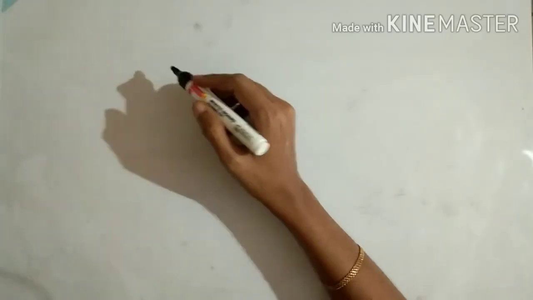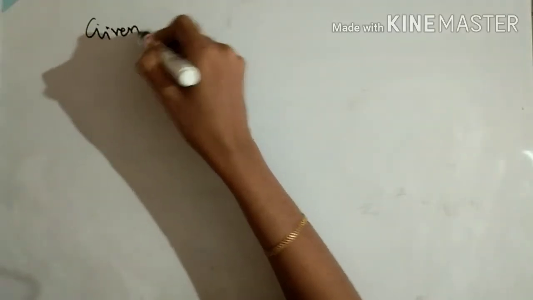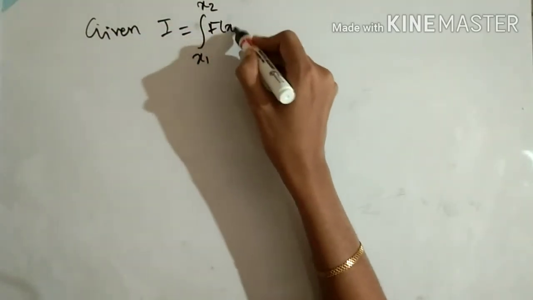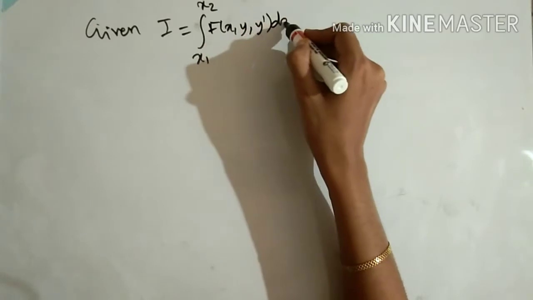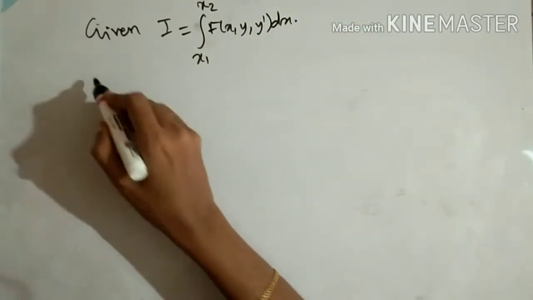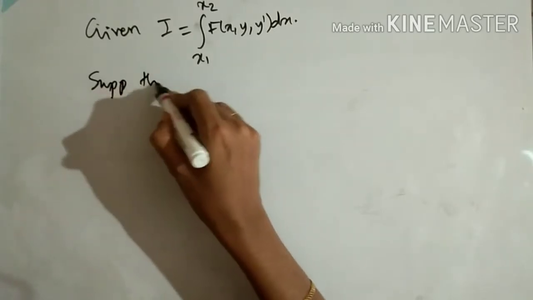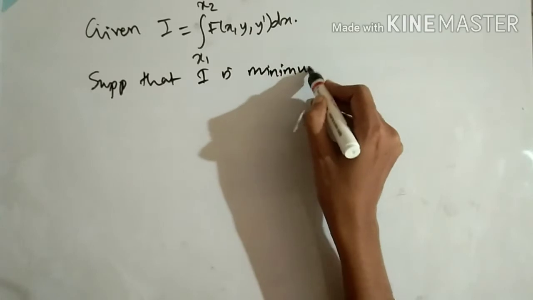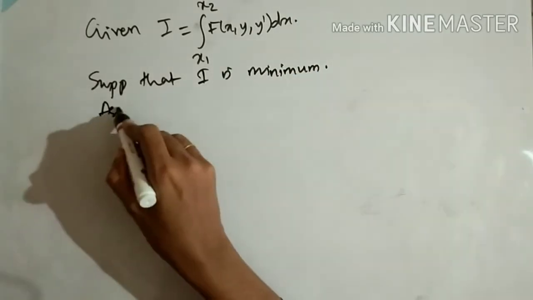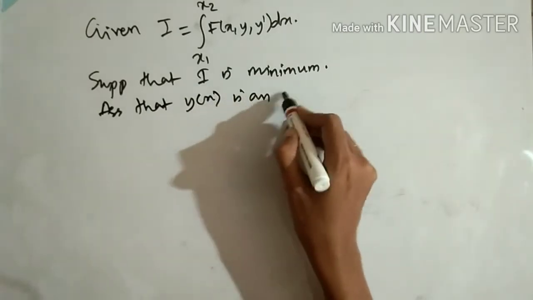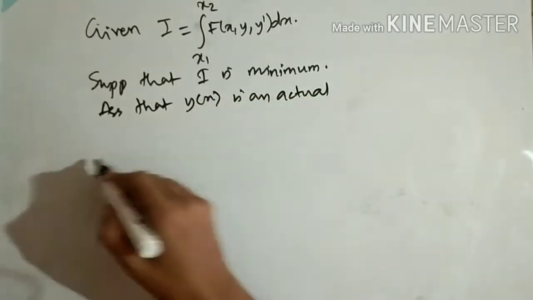From the question we are given I equals the integral from x1 to x2 of f(x, y, y') dx. The question itself says I takes a maximum or minimum, so suppose that I is minimum, and assume that y(x) is the actual minimizing function.